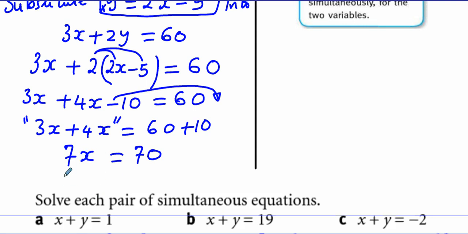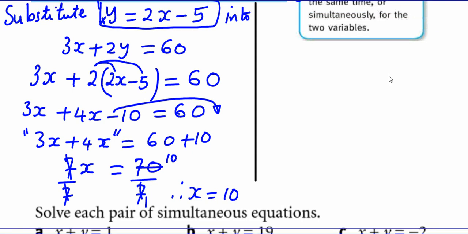Now I'm looking for the value of x, so I have to divide by 7. 7 will cancel. 7 divided by 7, this will mean that x equals 10, because 70 divided by 7 is 10. You see that? So we got x equals 10.